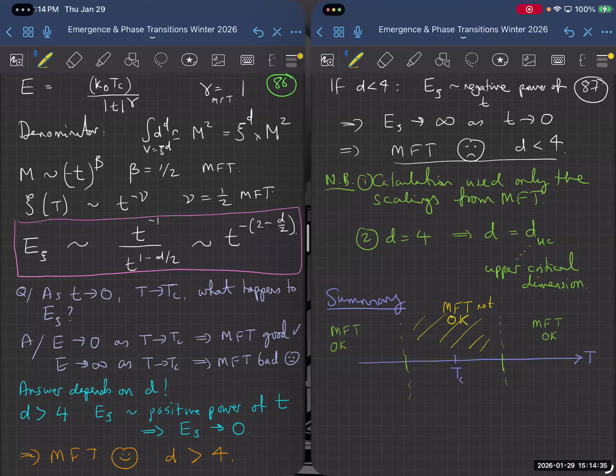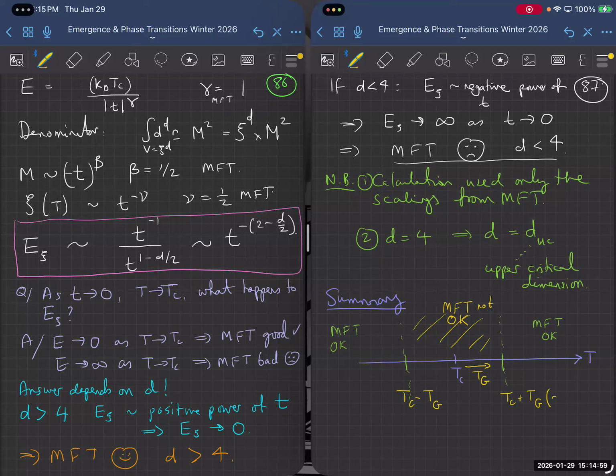And the size of this regime depends on dimension. So we could say that this is TC plus a new temperature, which I'll call TG, and this is TC minus TG. This is a measure of the length scale over which the mean field theory breaks down.